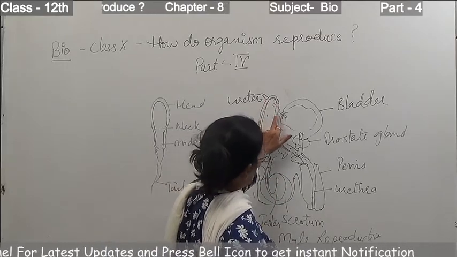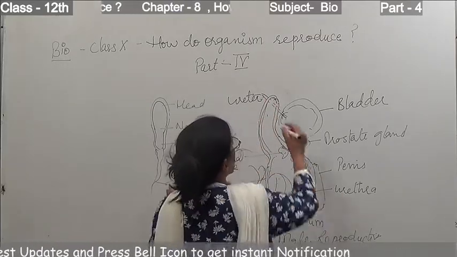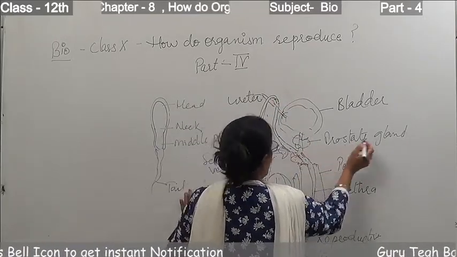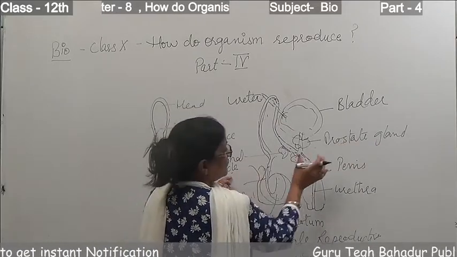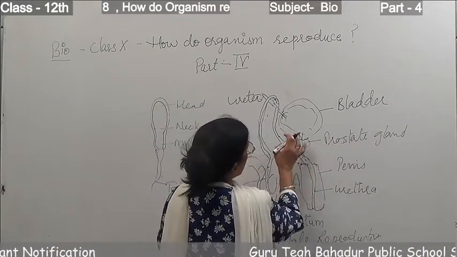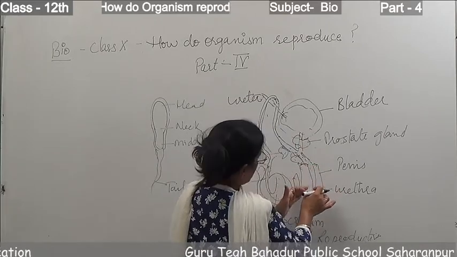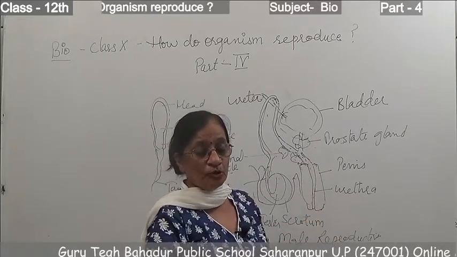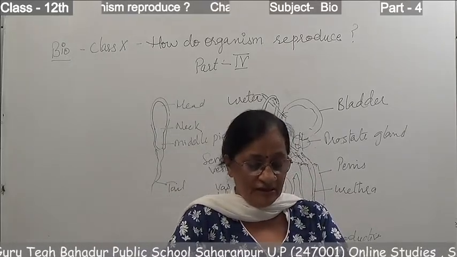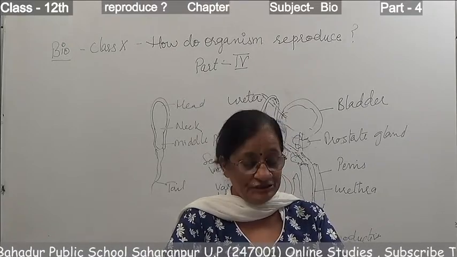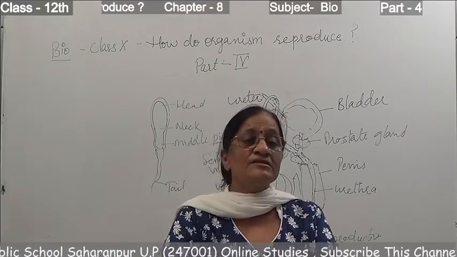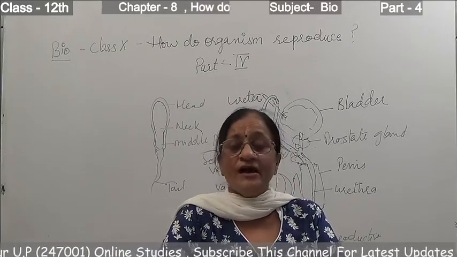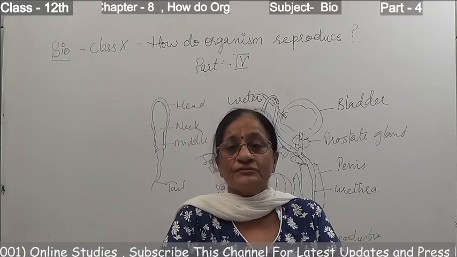They travel through the vas deferens, and on the way these two glands, the prostate gland and seminal vesicle, mix their secretions with the sperms so that the sperms can be transported easily, and besides that they can get nutrition.